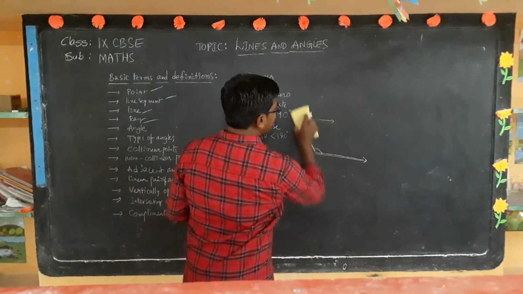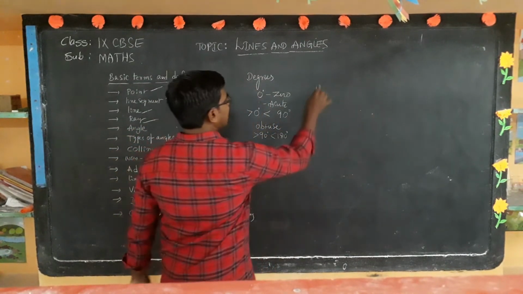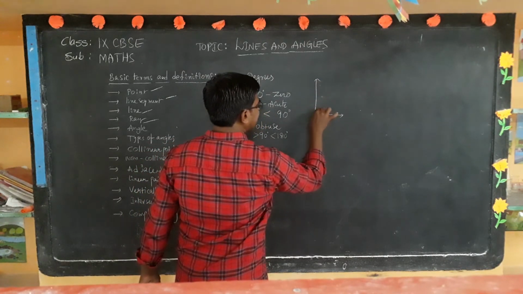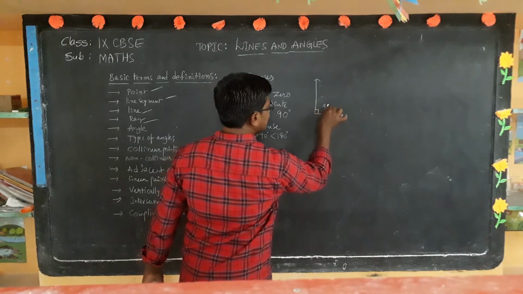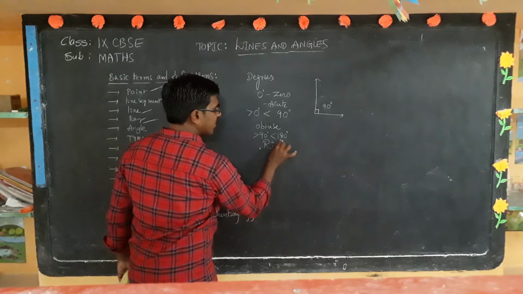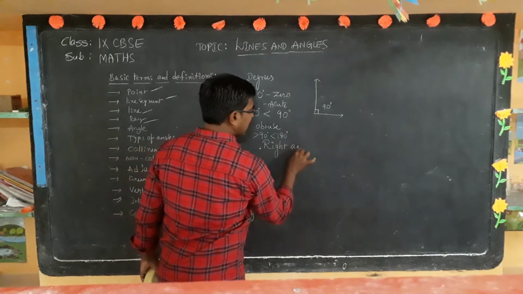If the angle between these two rays is 90 degrees, we call that a right angle.